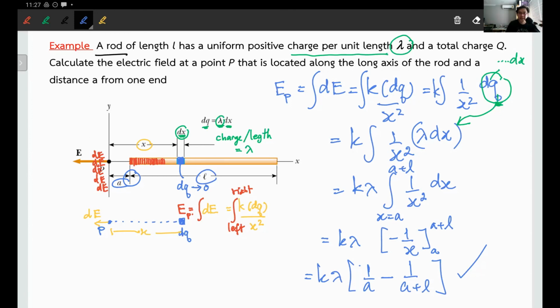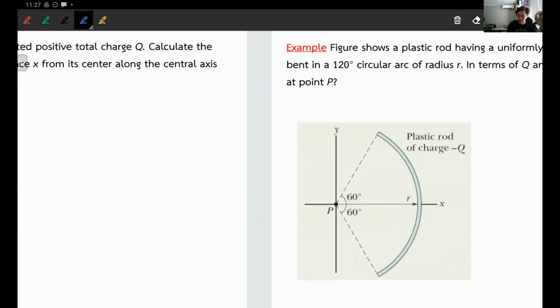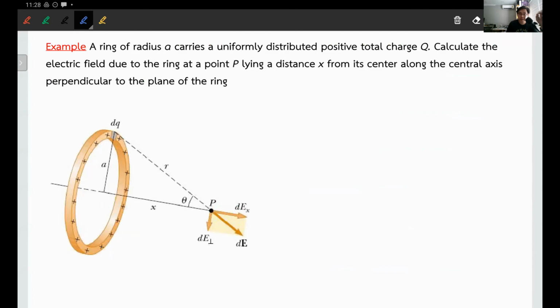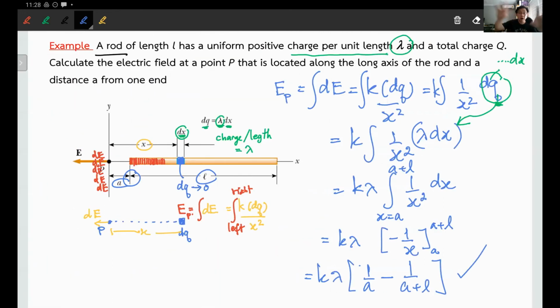But if I just want to test your calculus approach to some of the problems, those problems will look like this. Even though I have 2 more on the back, don't worry about those just yet, because I don't want to bring you too far away from the concepts of the field and the force. I don't want calculus to become your burden, because it seems like it's purely mathematics, right?